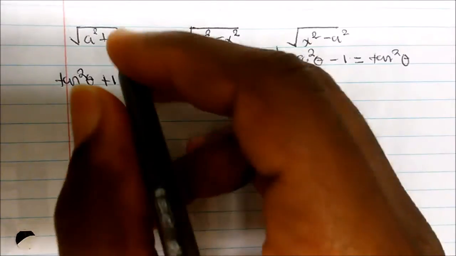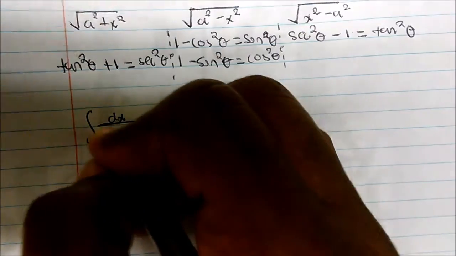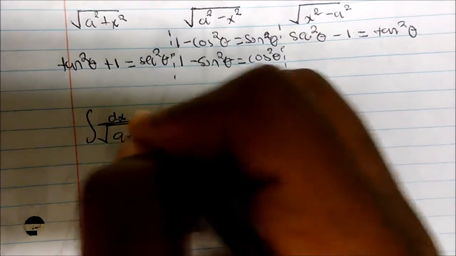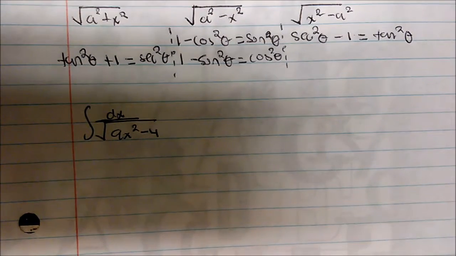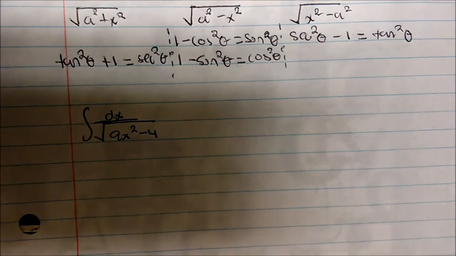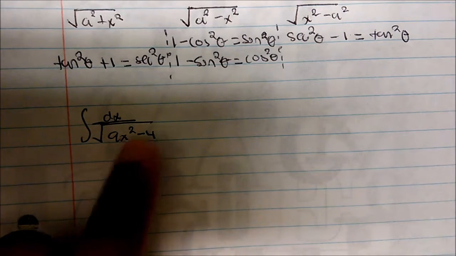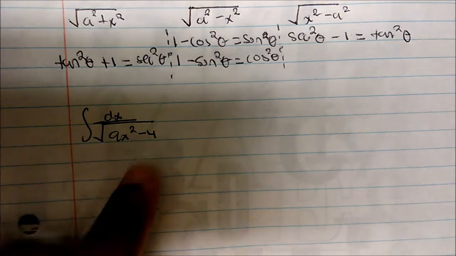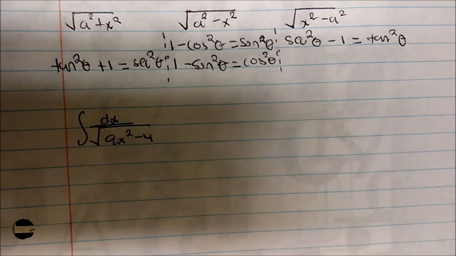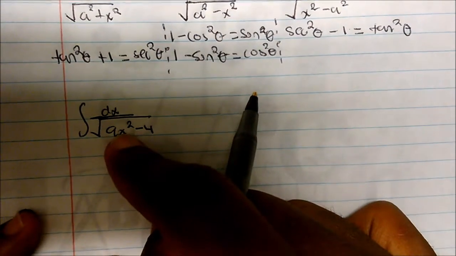So let's look at some integrations and see what our substitution will be. What if we have the integral of dx over the square root of 9x squared minus 4, okay? Well, again, notice that this is trigonometric substitution. What would we substitute for x? To me, it looks as if I have x squared minus some a squared, which is a number. So what is the identity that maps to this form?